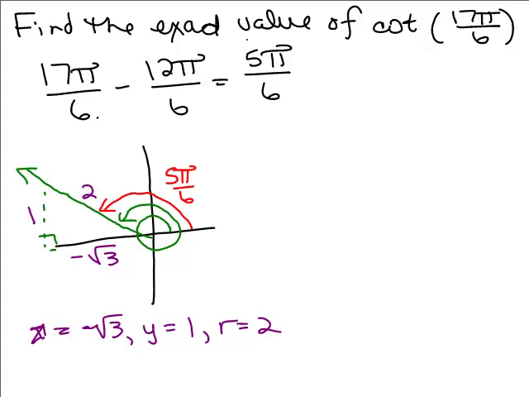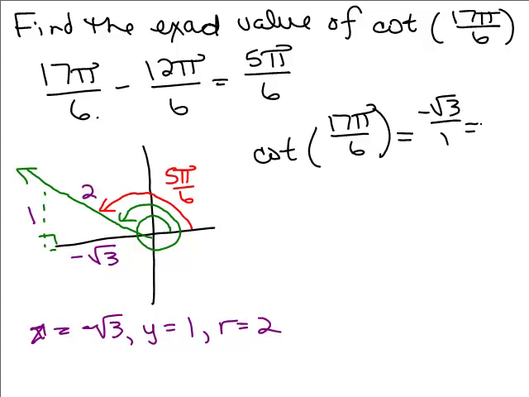So if I want to get the cotangent of 17 pi over 6, now we have to remember what the cotangent is. It's x over y. Remember, the tangent is y over x? This is the reciprocal. So it's x over y, so it's negative square root of 3 over 1. Negative square root of 3 over 1 is just negative square root of 3.